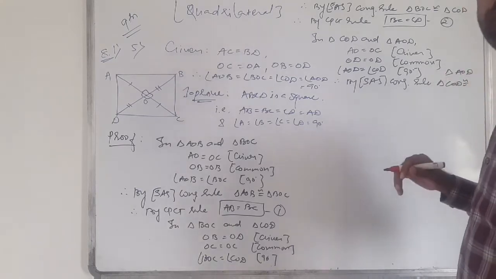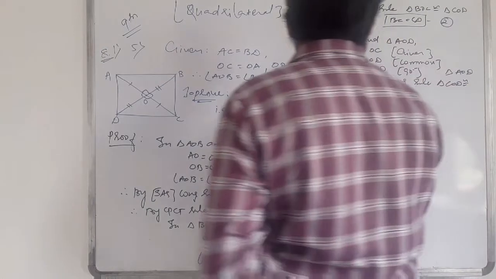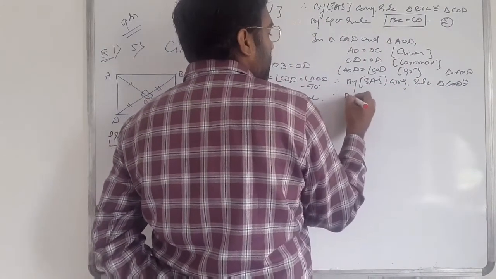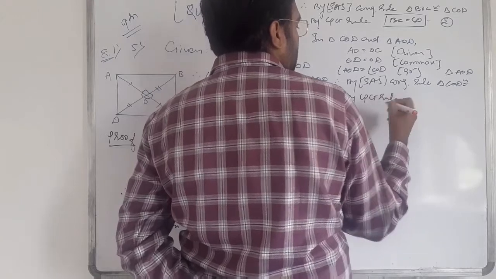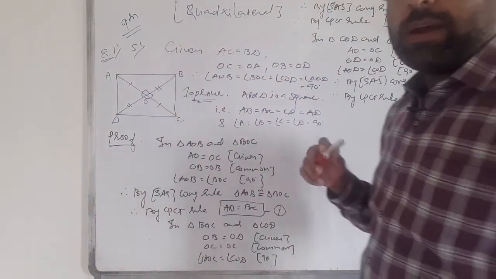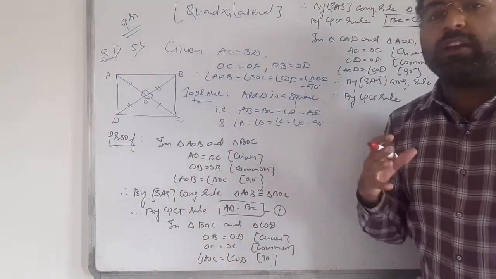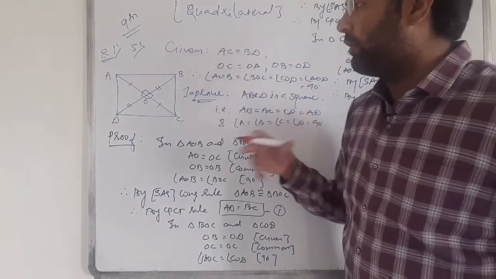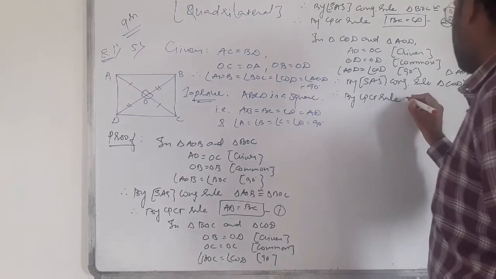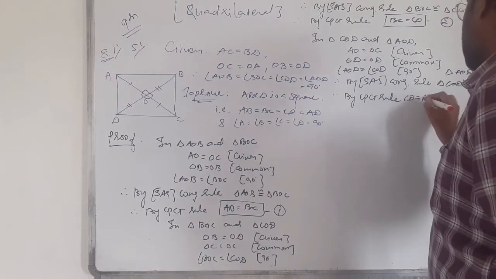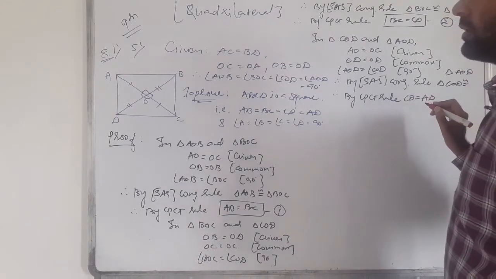Clear? Therefore, by the CPCT rule, CD is equal to AD.